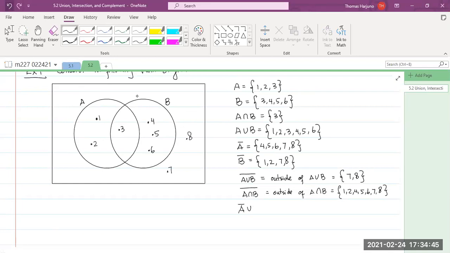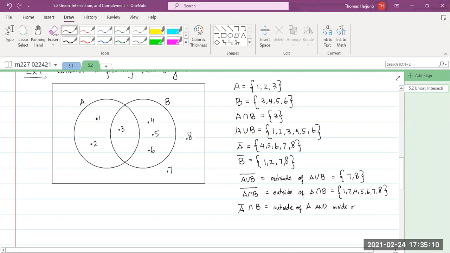Complement of A intersection B. So this is basically outside of A and also at the same time inside B. 4, 5, 6. That's right. That's the set of 4, 5, 6.